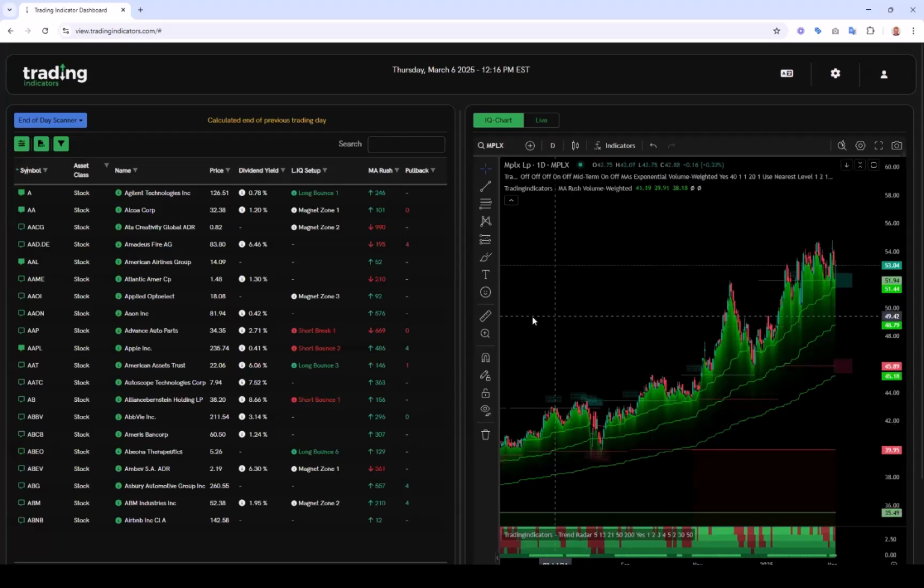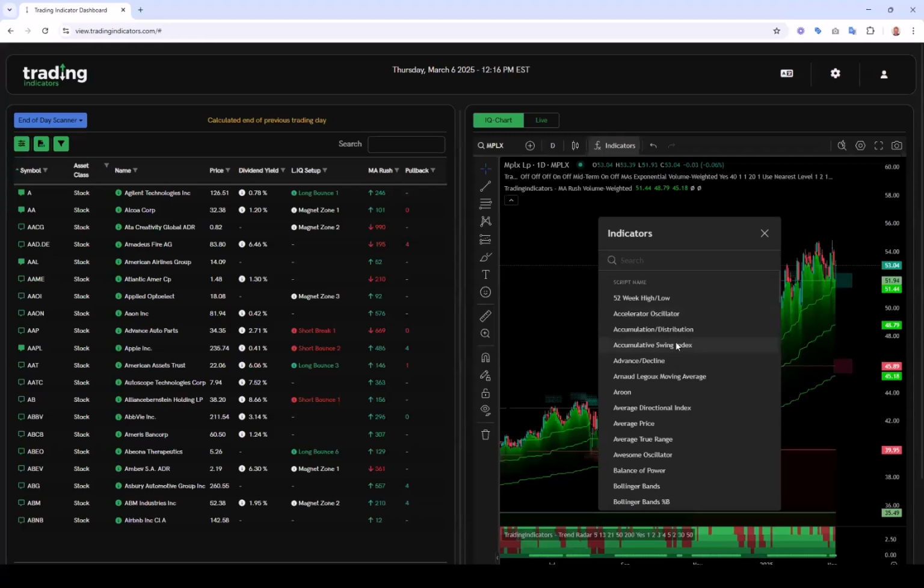So, charting. Now, this looks like a TradingView chart. And it is. It has the exact same drawing tools which come with TradingView, and it has the exact same built-in indicators that come with TradingView. And there are hundreds of built-in indicators at your disposal. But we have also equipped the list of indicators with 3 custom indicators which we provide.